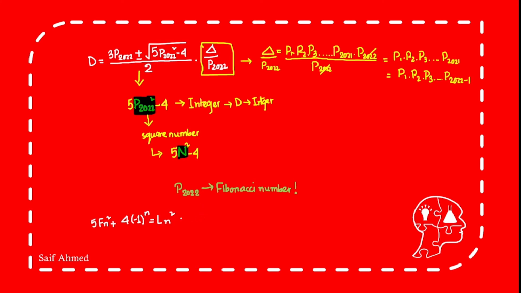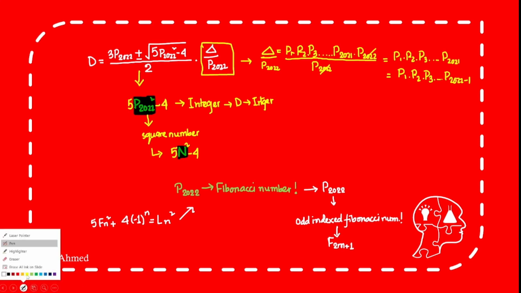So from here we can finally say that our P of 2022 is an odd indexed Fibonacci number. Okay, so finally we can say this is an odd term of Fibonacci number. So I would like to denote this one as f of twice m plus 1, just any odd.